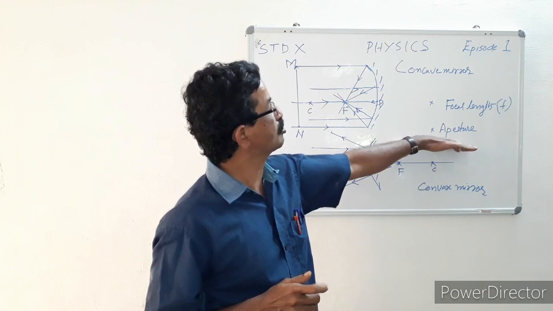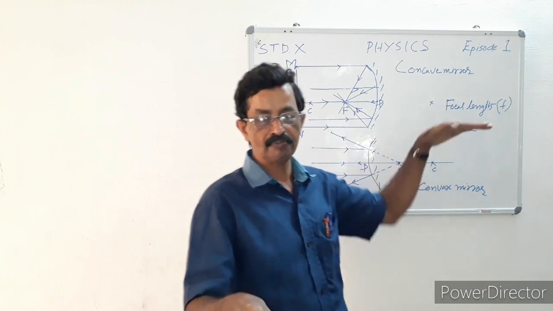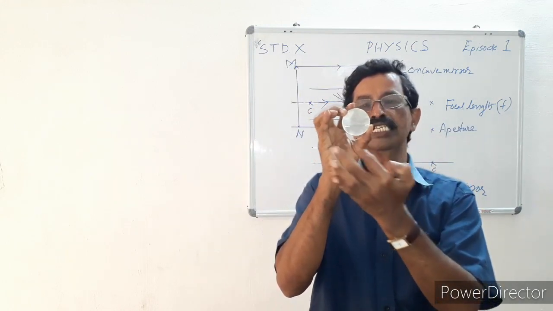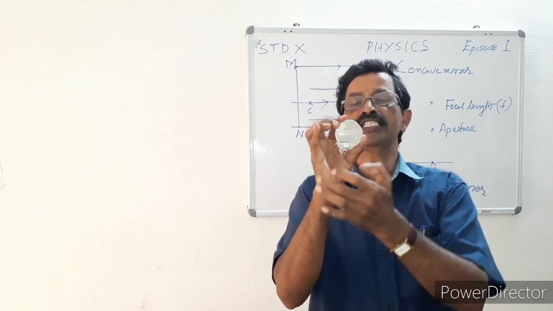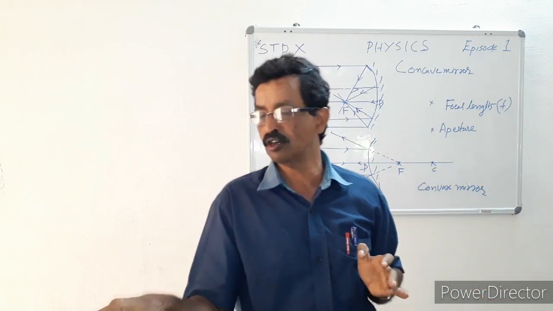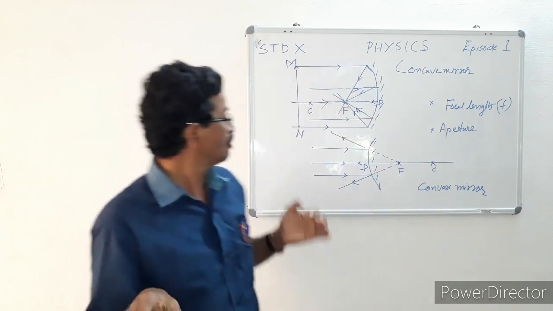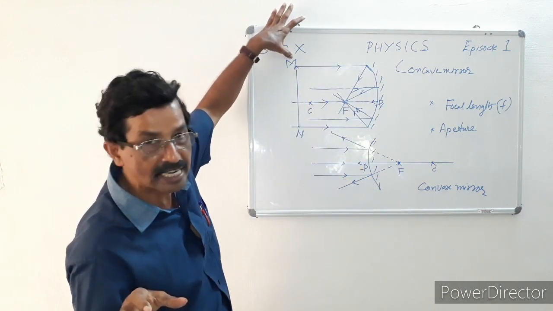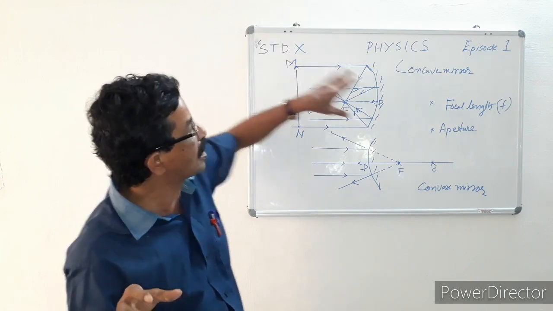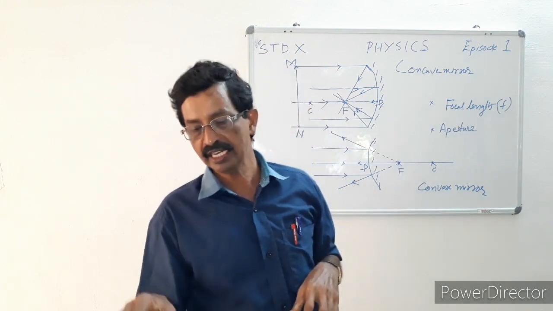Now, another term related to a spherical mirror is aperture. Here you see, this is the reflecting surface of a mirror. When we take the diameter of this reflecting surface, for a concave or a convex mirror, that is represented as MN. The diameter of the reflecting surface is called aperture.